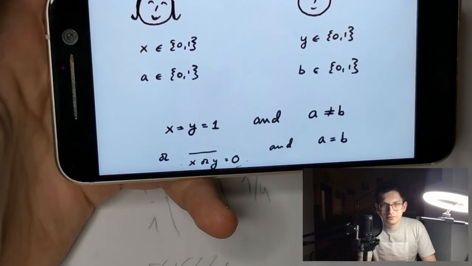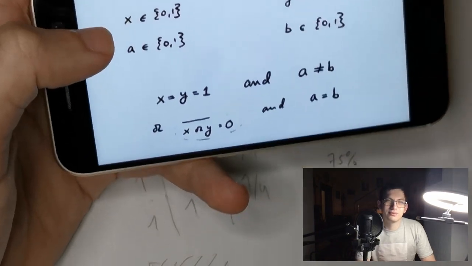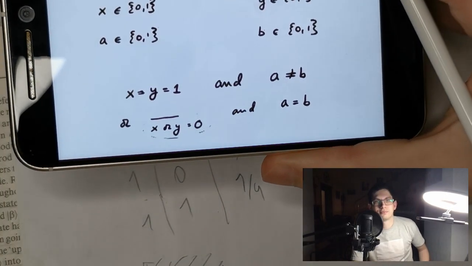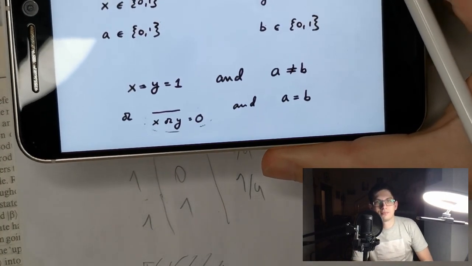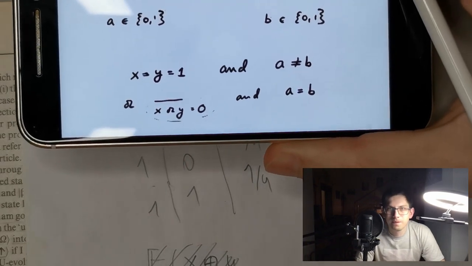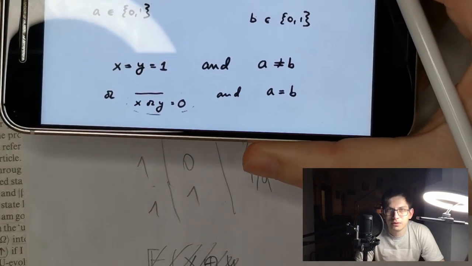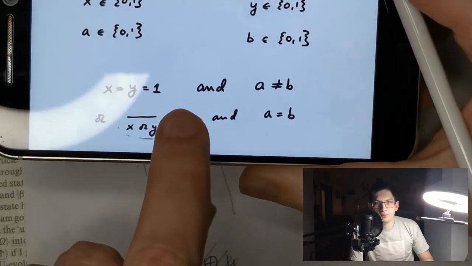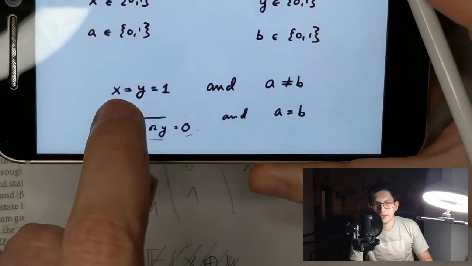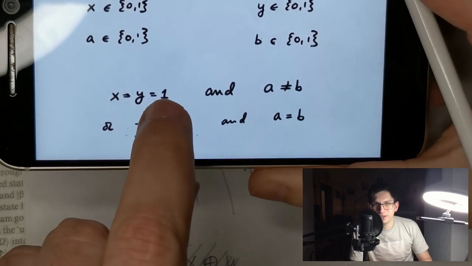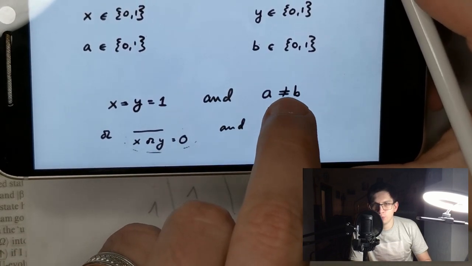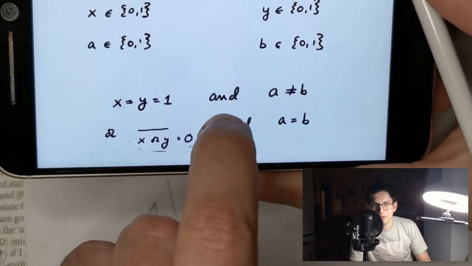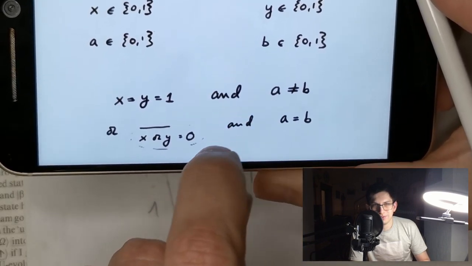I was also thinking that we can do an agreement, but when is it a win situation? You mean it's a win when we get more than 1 over 5? Win is described by those equations: X equals Y equals 1 and the outputs are different, A doesn't equal B. We will win in that situation.